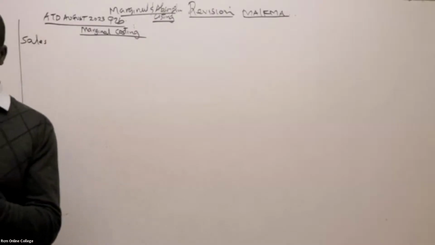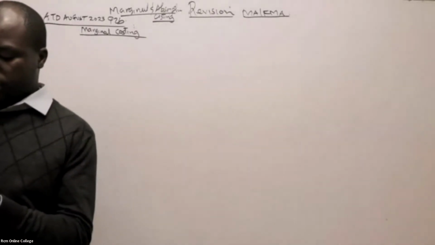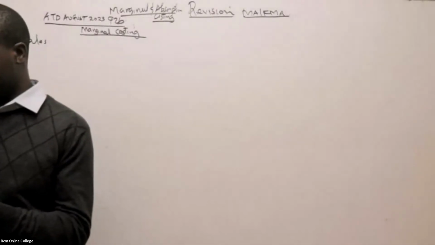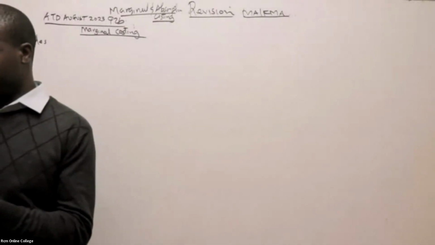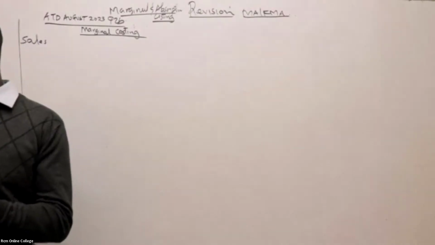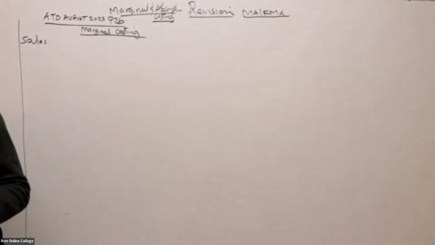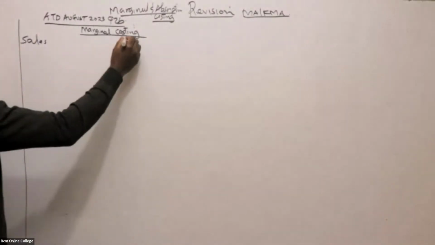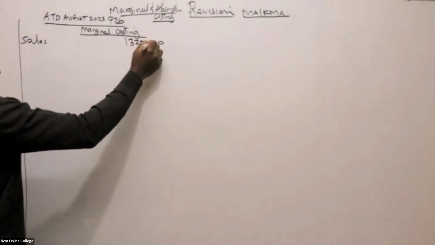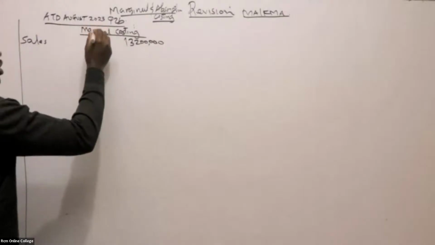How many units was sold? The company sold 24,000 units and the selling price per unit is 550. How much are we talking about here? Linda is giving us 13,200,000. So we have 13,200,000.